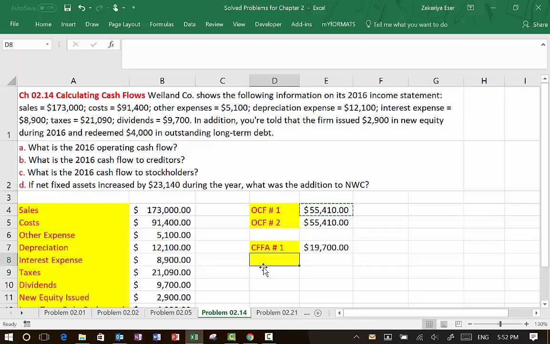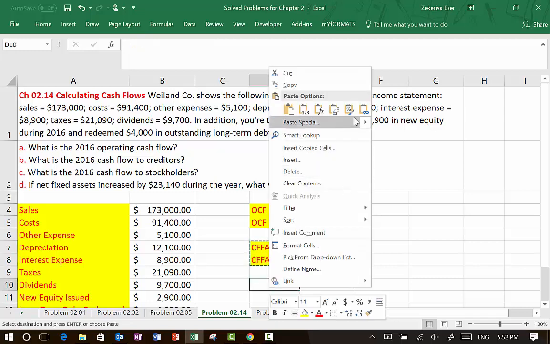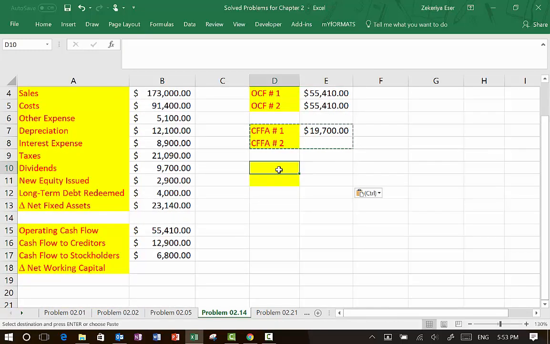The second way is operating cash flow minus, let's do these here, net capital spending and change in net working capital.